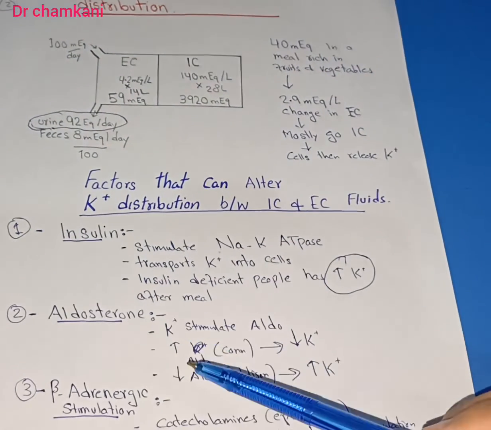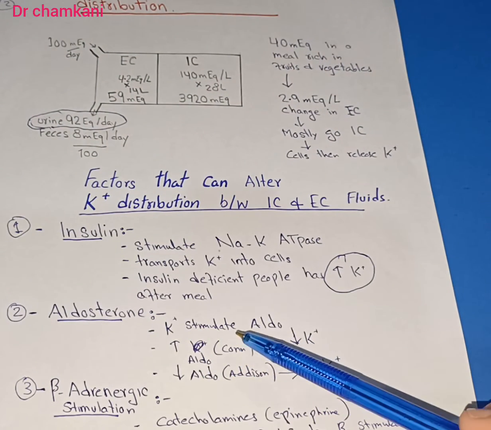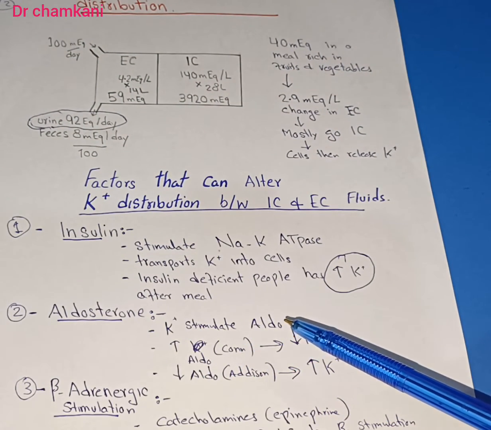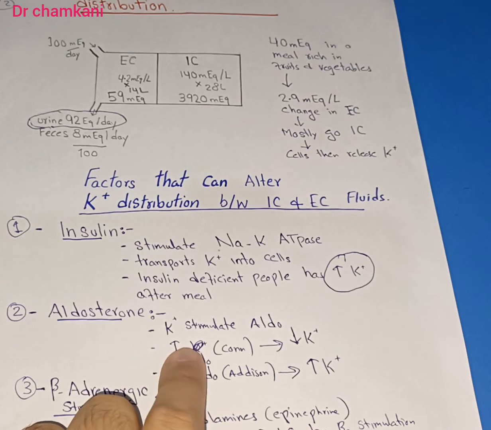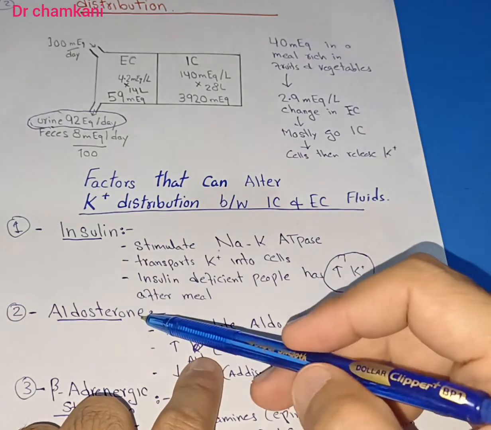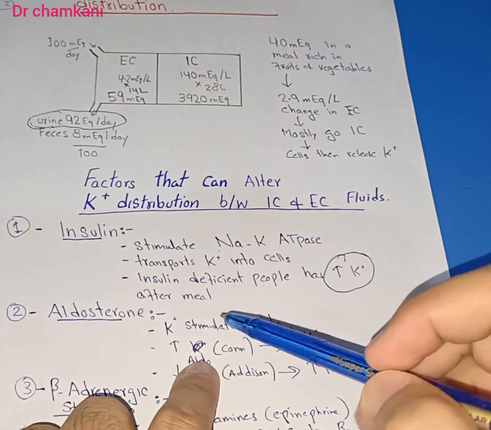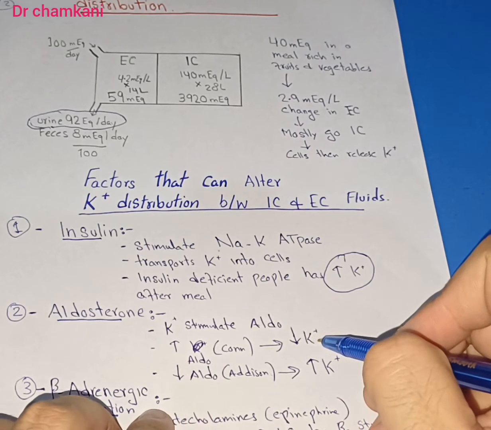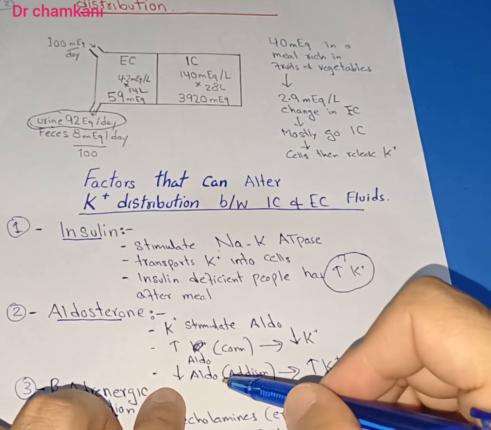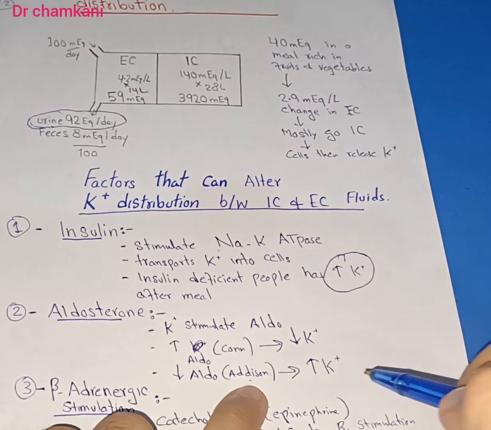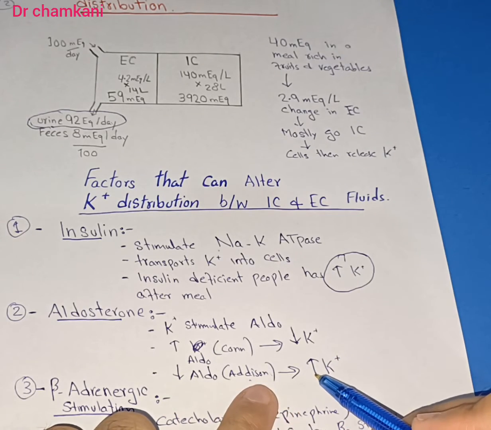Another important thing is aldosterone, because potassium stimulates aldosterone. If there is a lot of aldosterone, as in Conn syndrome, then there is decreased potassium level. And if there is decreased aldosterone, as in Addison's disease, it leads to increased potassium.